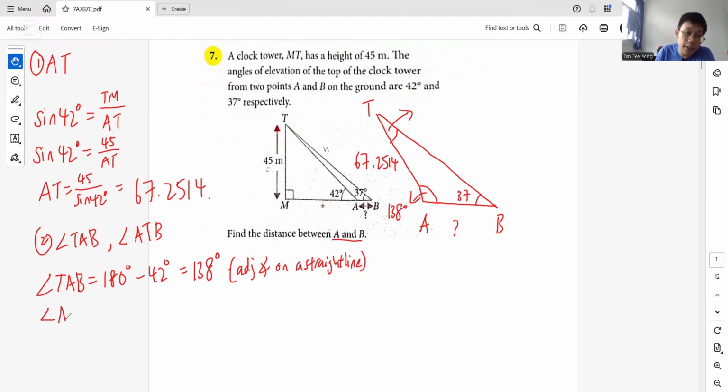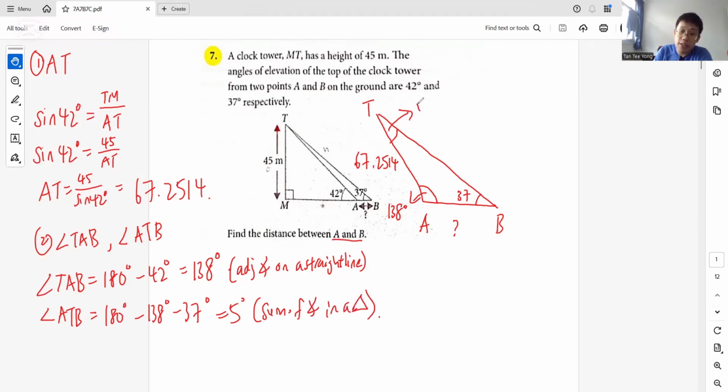Then angle ATB will just be 180 degrees minus 138 degrees minus 37 degrees, which gives us 5 degrees. This is the sum of angles in a triangle. So we know that this is 5 degrees.